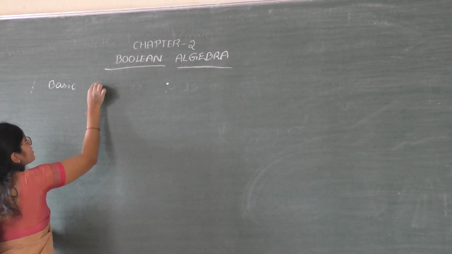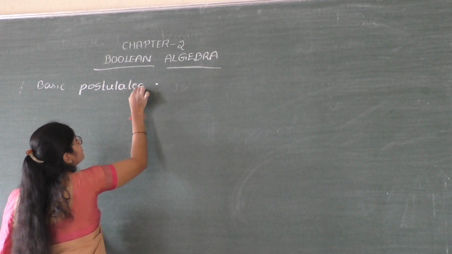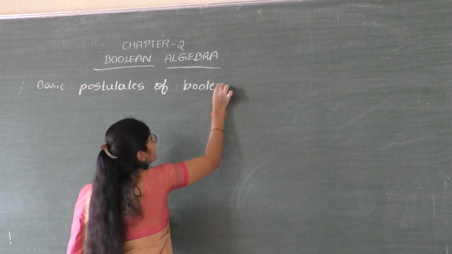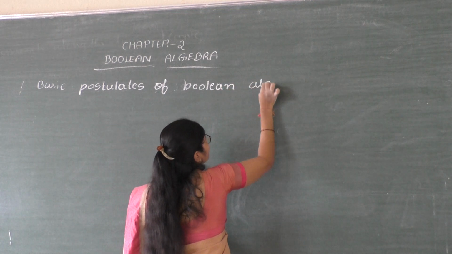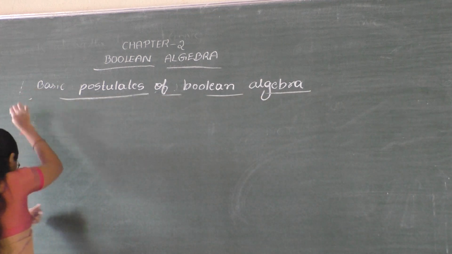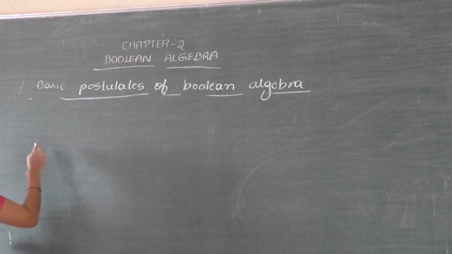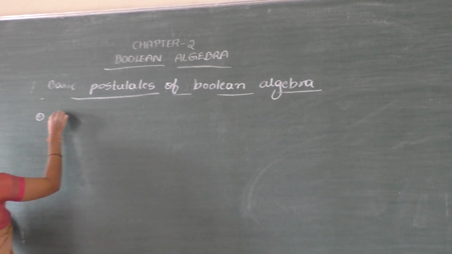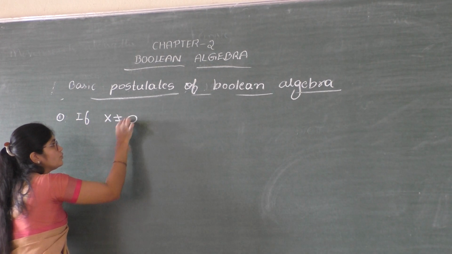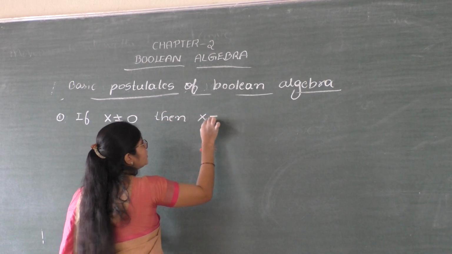The basic postulates of Boolean algebra are: first postulate, if x is not equal to 0, then x equal to 1.